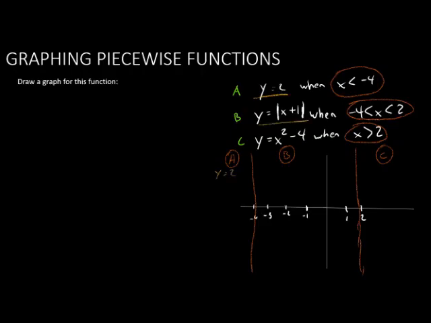In the middle, for piece B, we'll be graphing y equals absolute value of x plus 1. And then for piece C, we will be graphing y equals x squared minus 4.